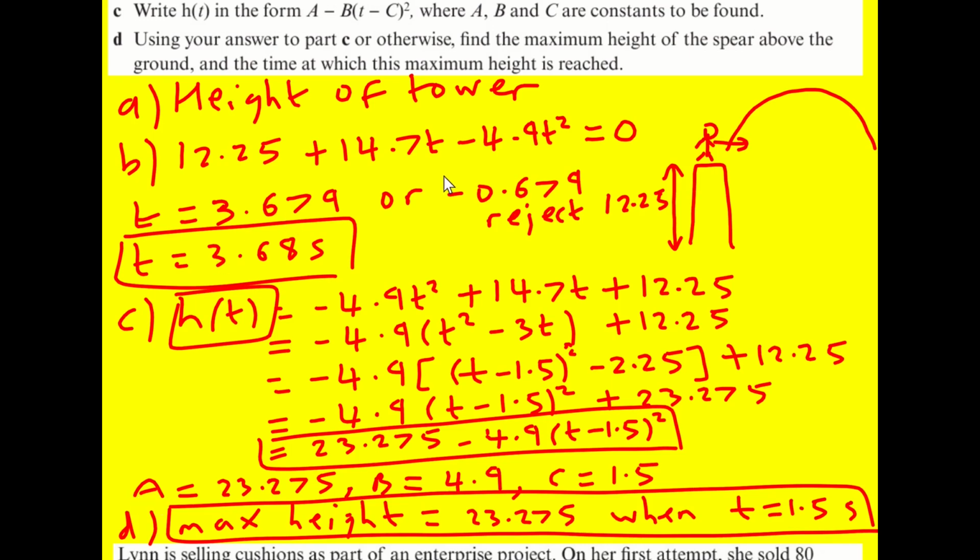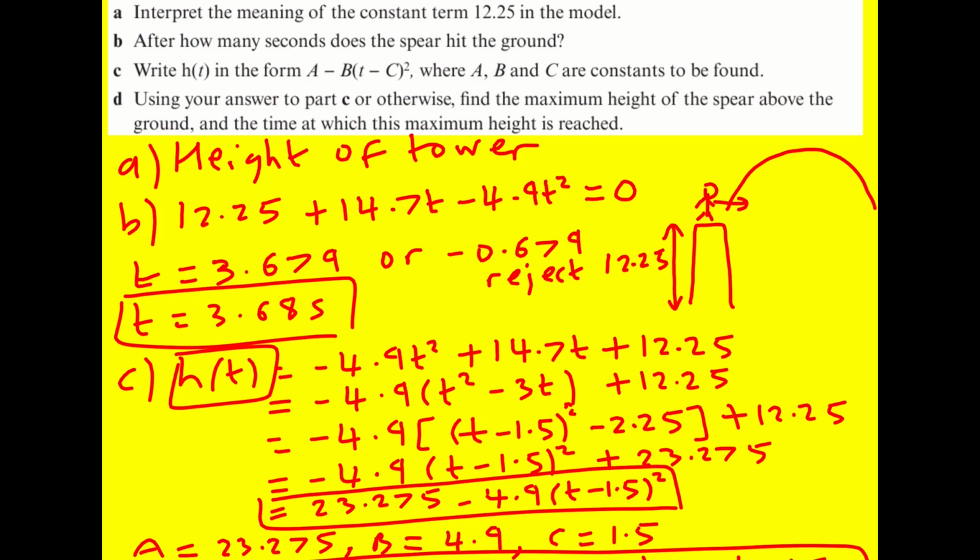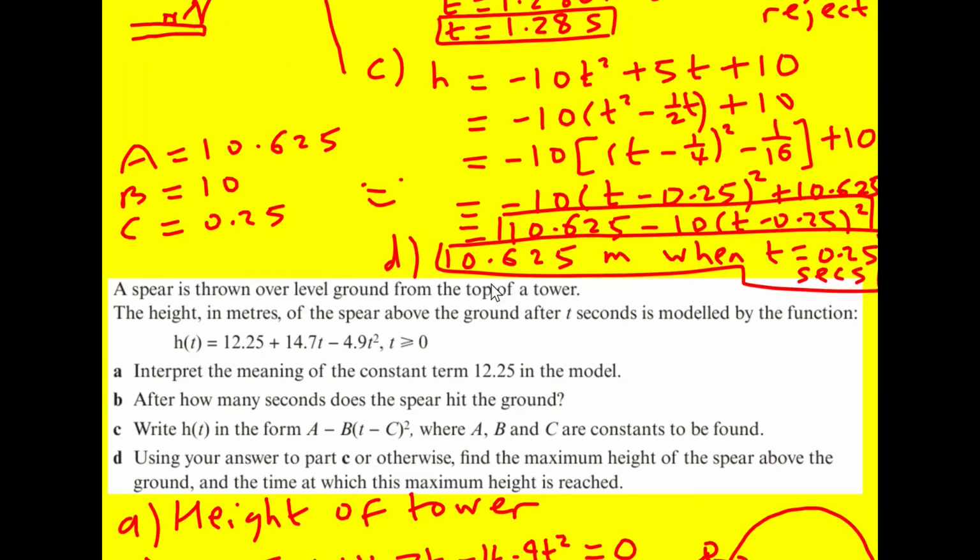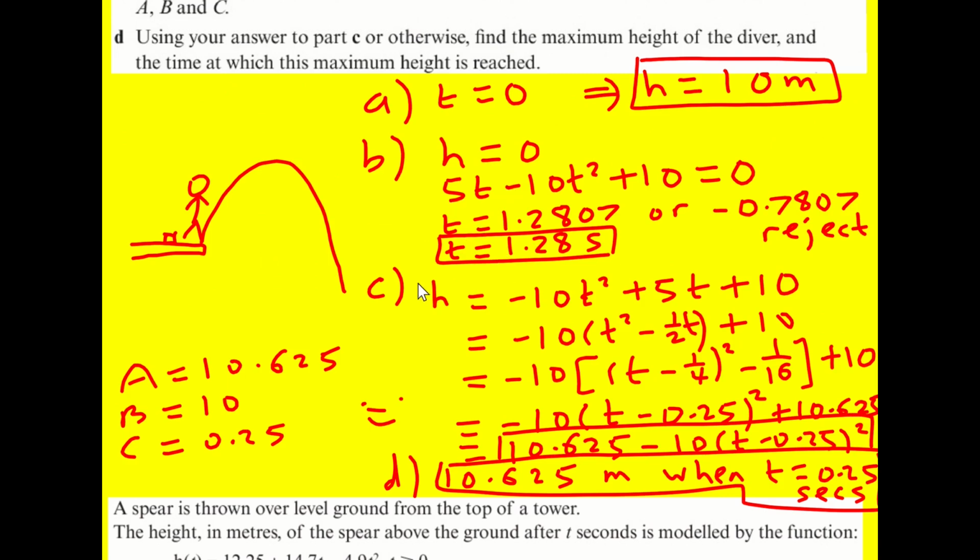Okay, nice one. Very similar question. So hopefully you tried that one yourself and it went a bit better than the first one, if you were unsure with that one.